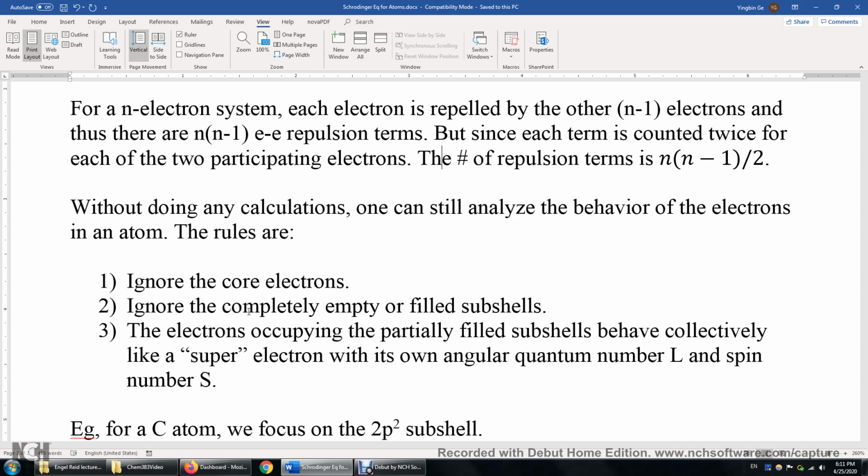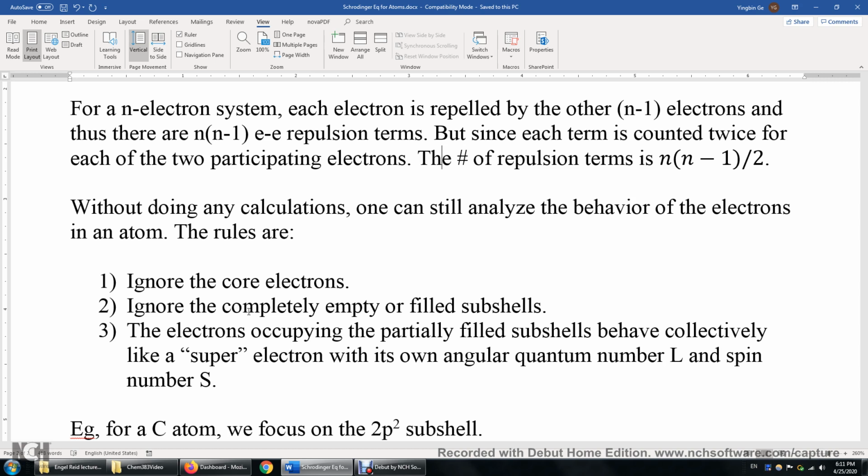Therefore, the sum of m sub L, the sum of the Z component, can be as negative as negative 2 and as positive as plus 2. If both electrons have m sub L equal to 1, the sum of these 2 numbers is 2. So we just have to sum up the quantum numbers.